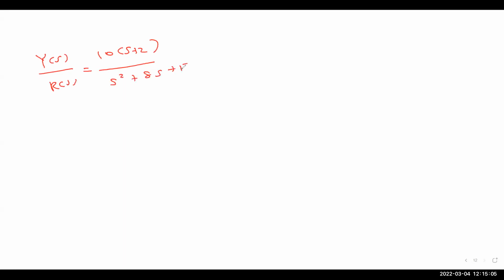So once again, when you have a function like this, before now we have to find y(t), right? To find y(t), you have to isolate y(t). They have given us a hint saying that r(t) is a unit step.